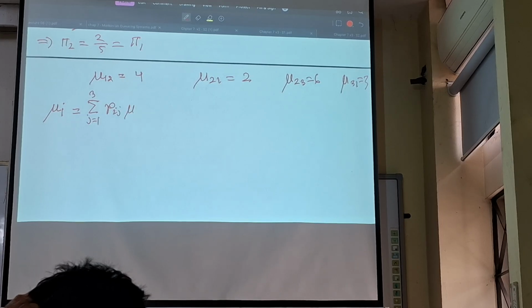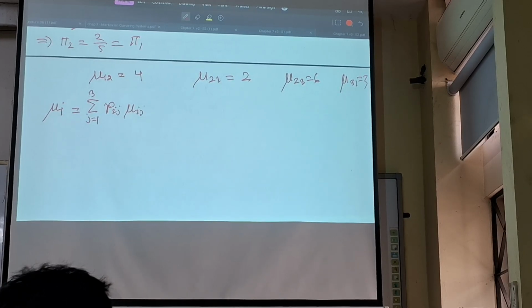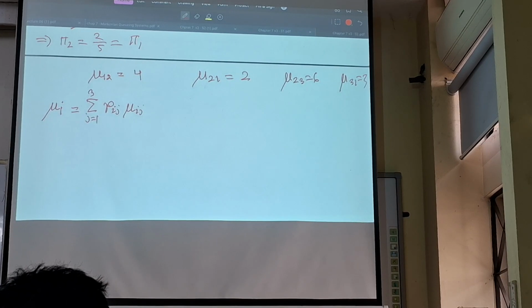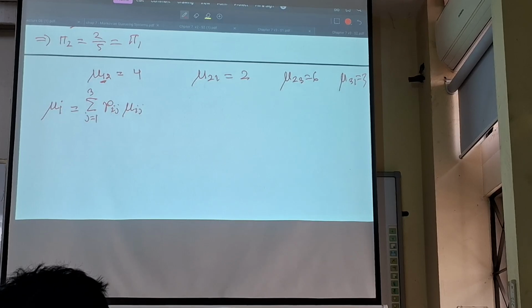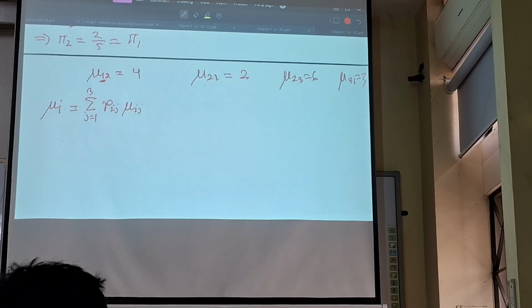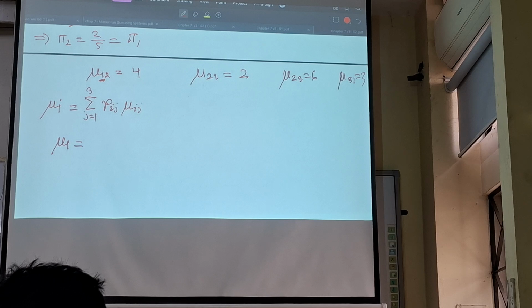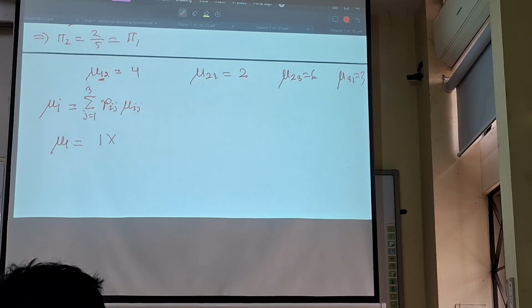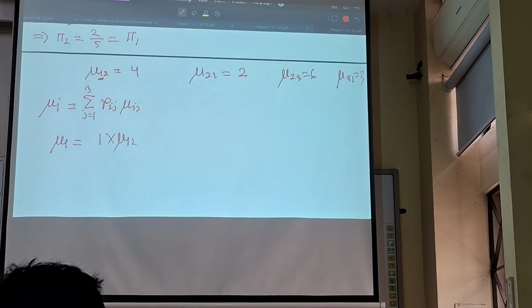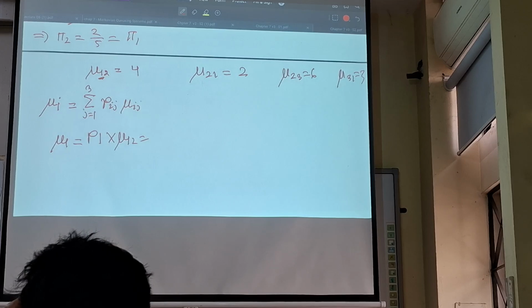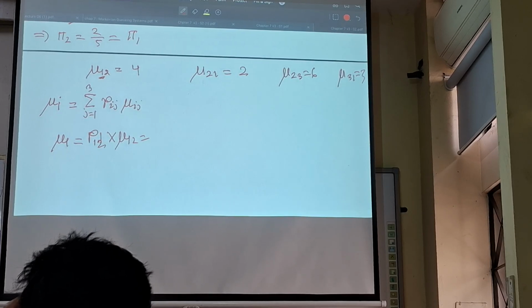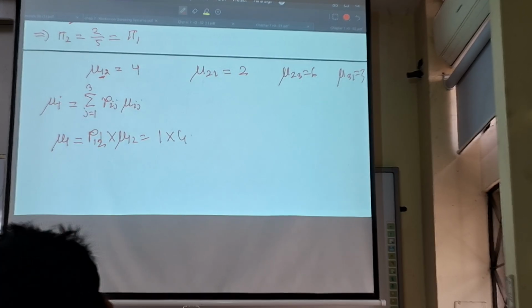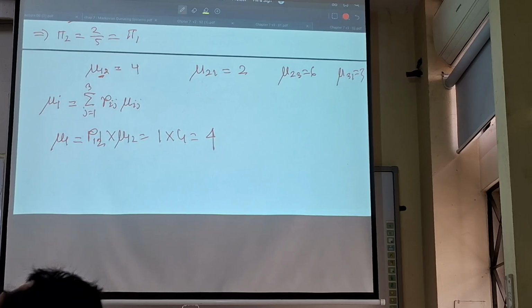From state 1, we can only go to state 2. So mu 1 is equal to probability 1 times mu 1 2. This will be 1 times 4 equal to 4.